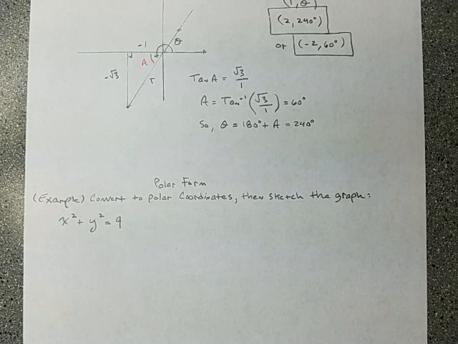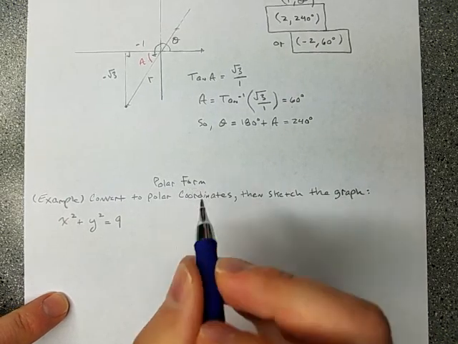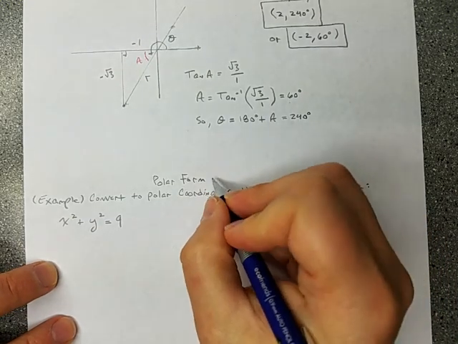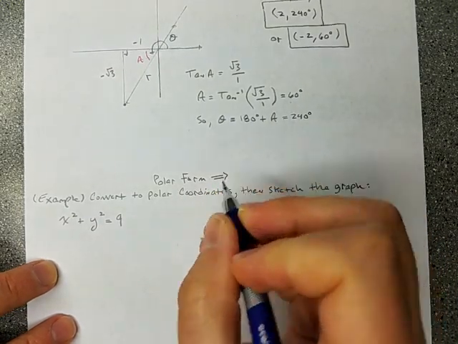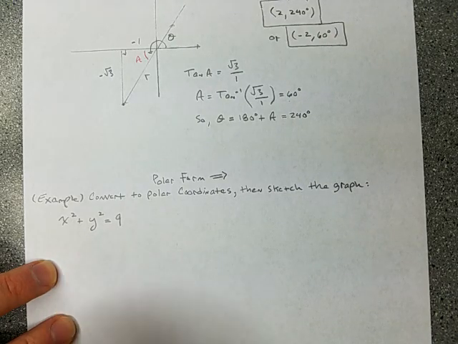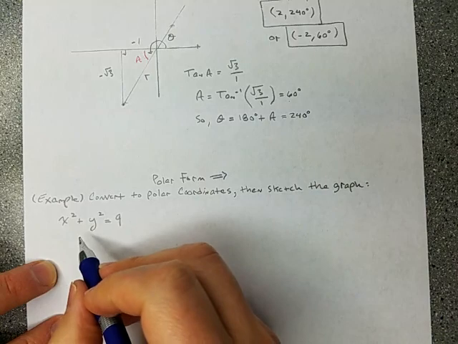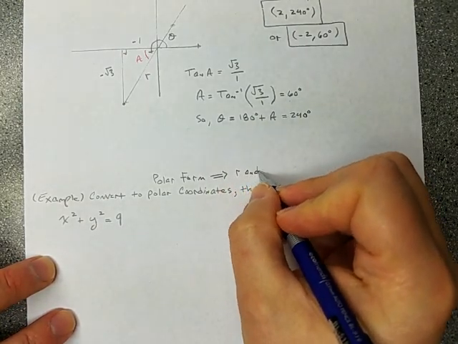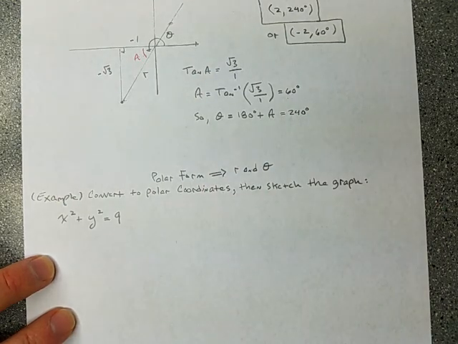So polar form would be like, is there a way to write this equation with R and theta? Instead of using X and Y, could we capture all the same points in whatever the graph of this is with just polar coordinates? R and theta. That's what polar coordinates are made of.